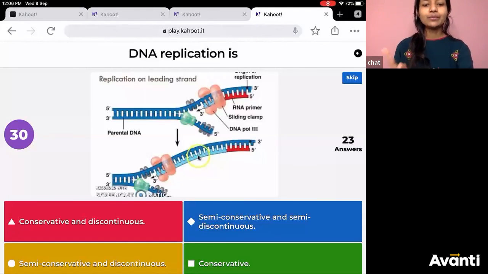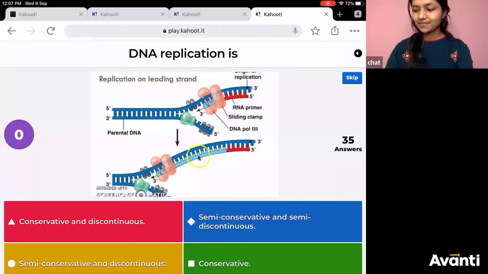Your doubt should be in blue and yellow. Now think and answer. In both the strands, is it discontinuous? Think. In both the strands it is discontinuous, or in only one strand you get discontinuous. That will give you the answer, right? Yes, that's right.